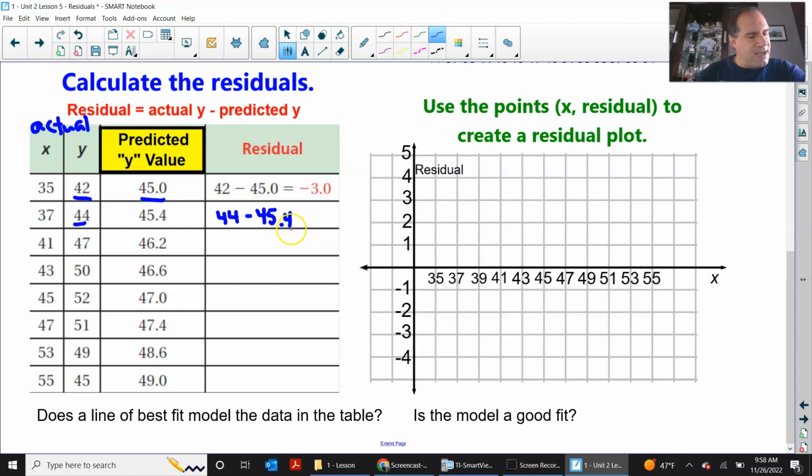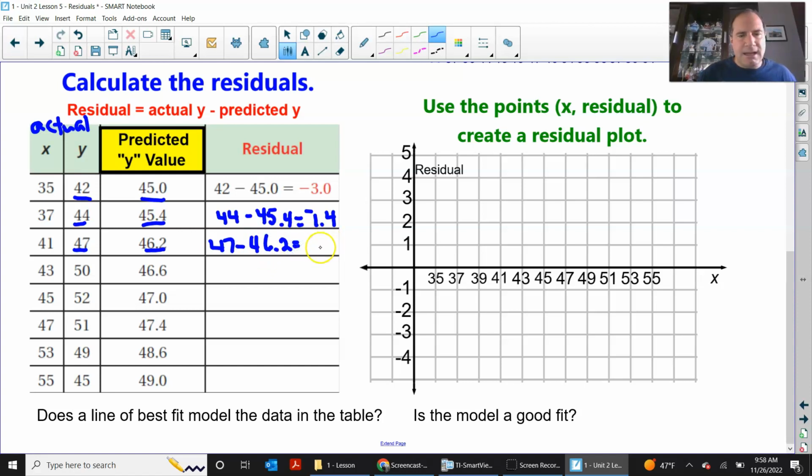And every time you subtract like this, if you need the calculator, you put it in and you get -1.4. So we're going to take this and this. 47 minus 46.2.